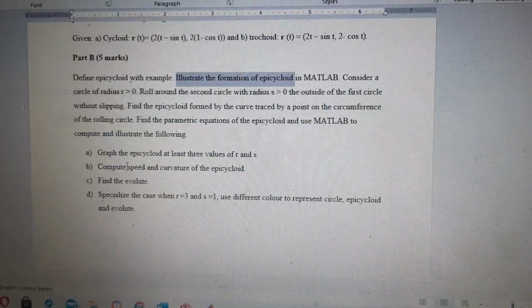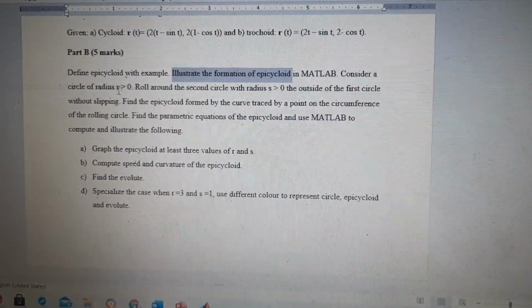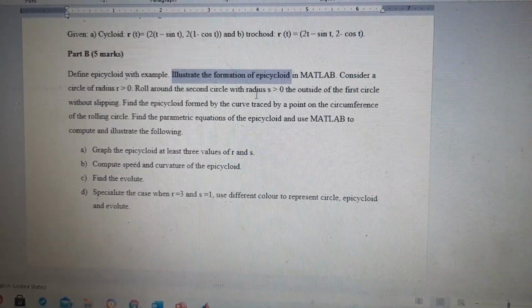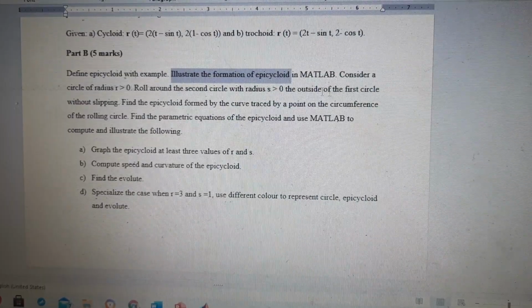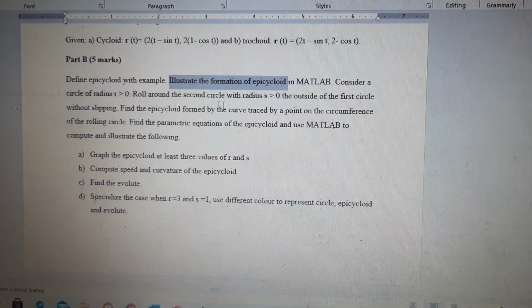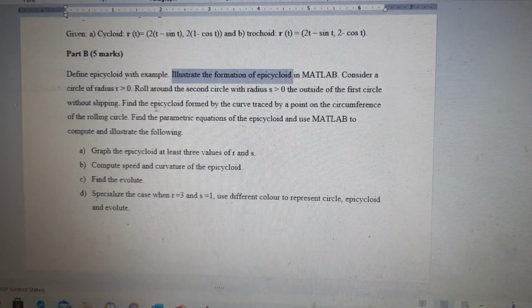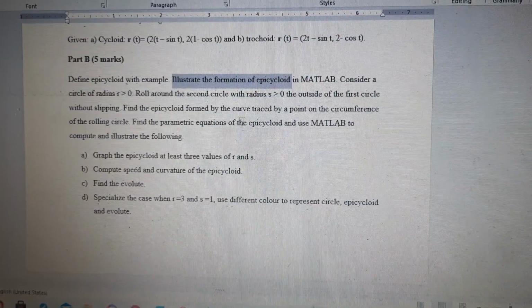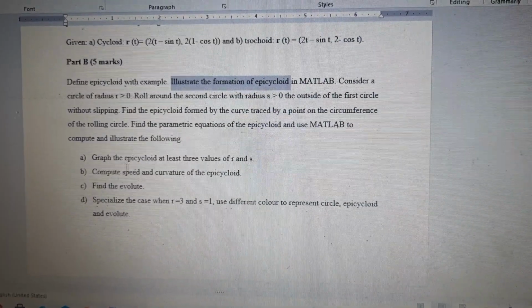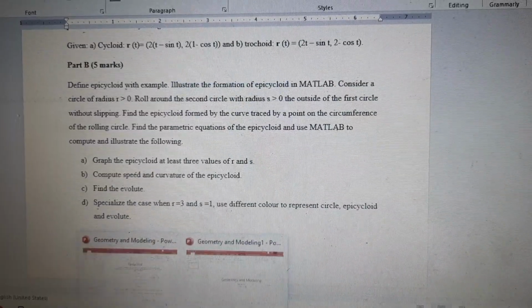Next one: consider a circle with radius greater than 0 rolling around a second circle with radius greater than 0, outside of the first circle without slipping, and find the epicycloid formed by the curve traced by a point on the circumference of the rolling circle. Find the parametric equation, and graph the epicycloid for at least 3 values. All these questions are answered here.